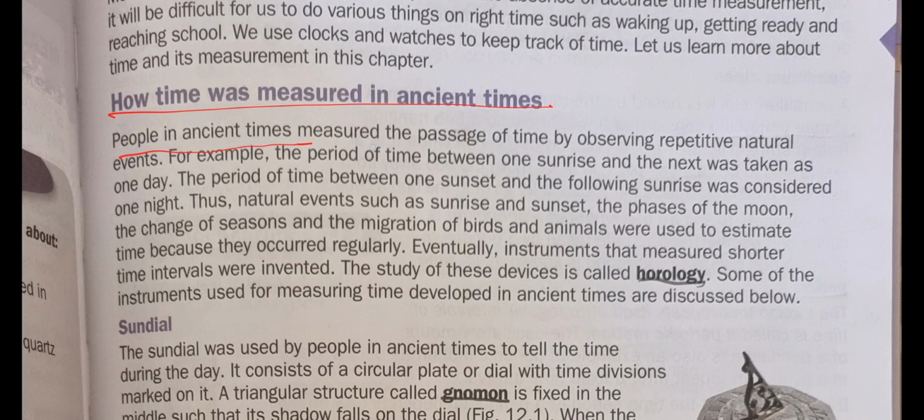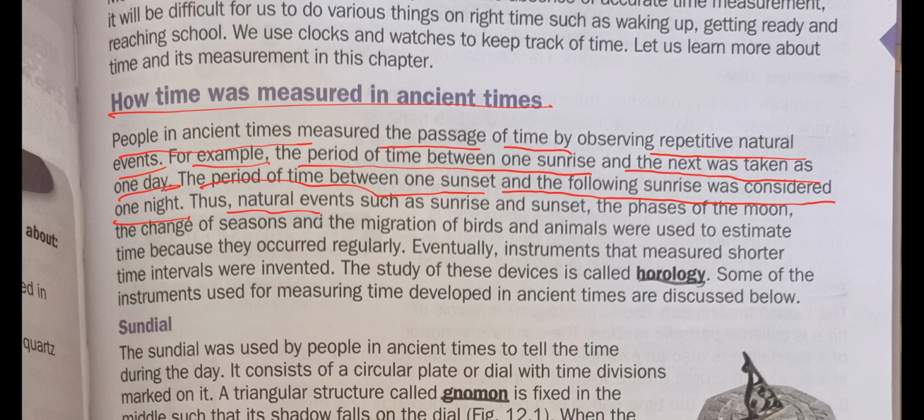People in ancient times measured the passage of time by observing repeating natural events. For example, the period of time between one sunrise and the next was taken as one day. The period of time between one sunset and the following sunrise was considered one night.